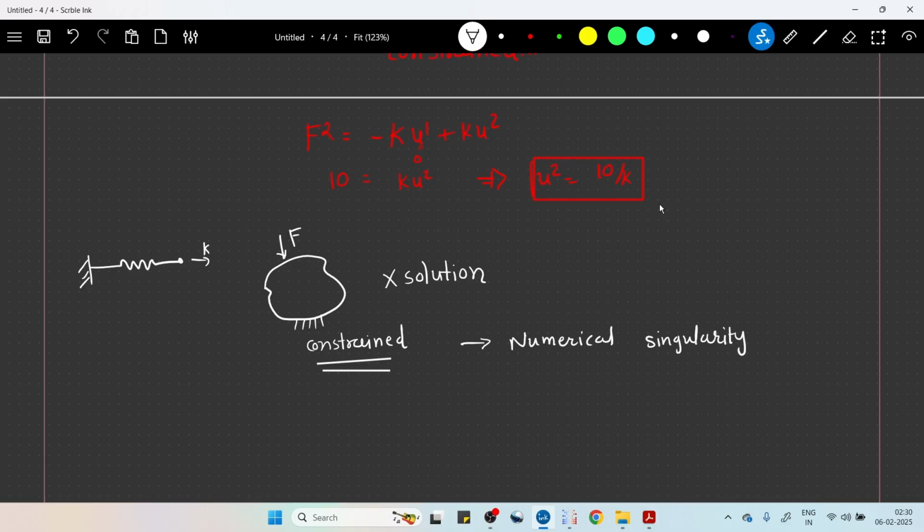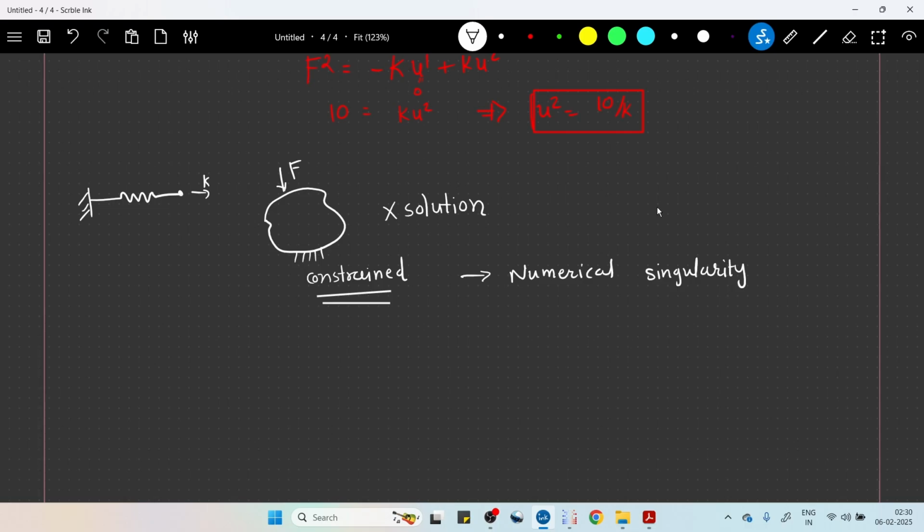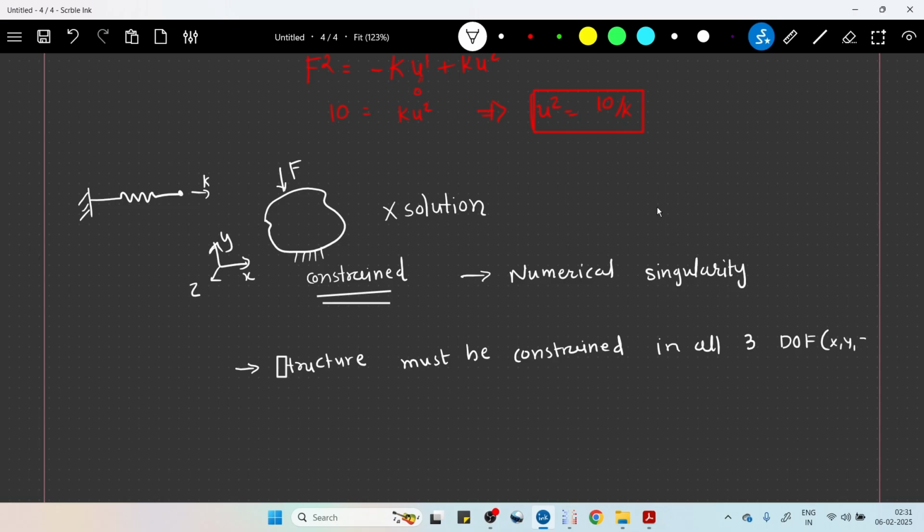If it is a 3D structure in 3D space, with xyz coordinates, the structure must be constrained in all 3 degrees of freedom, that is x, y, z, at any particular surface or line, whatever it is.